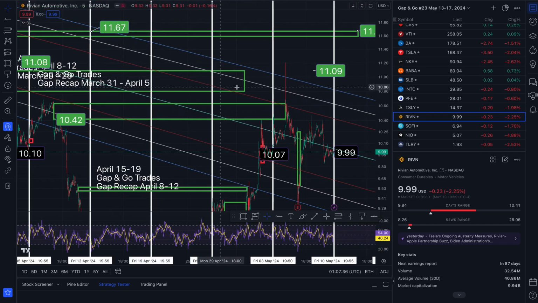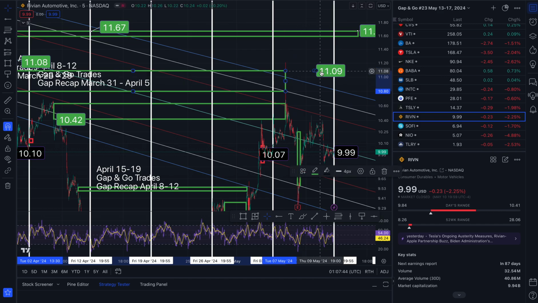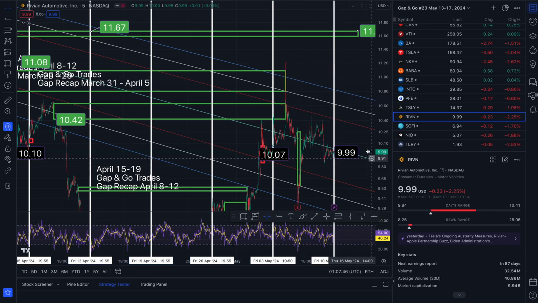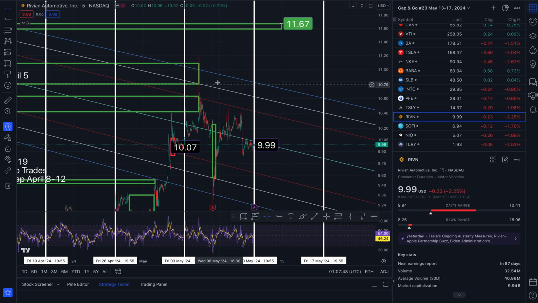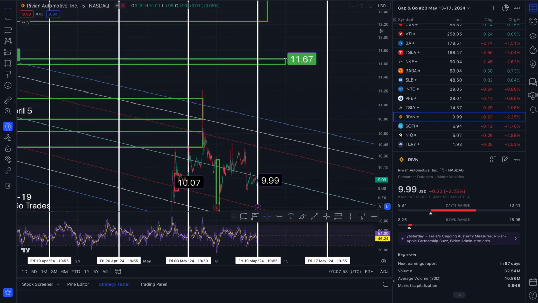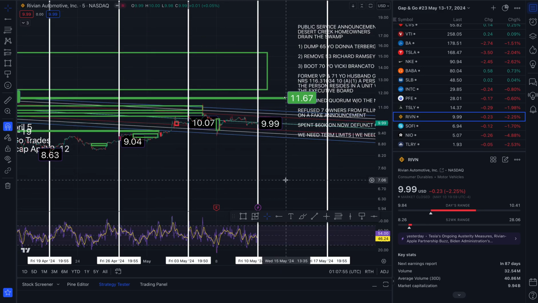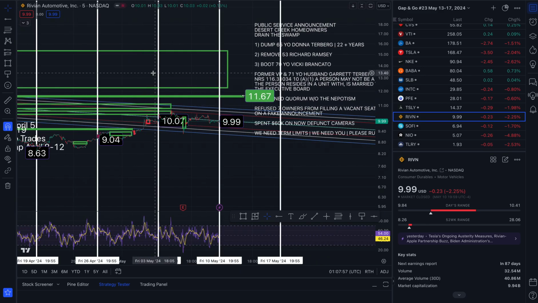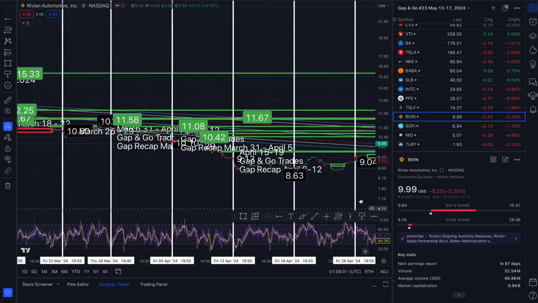So this one touched at 11:09 on Tuesday, May 7th. So congratulations if you made some money there. Now my next target to the upside will be at 11:67. We have many more other gaps to talk about, but let's take it one gap at a time.